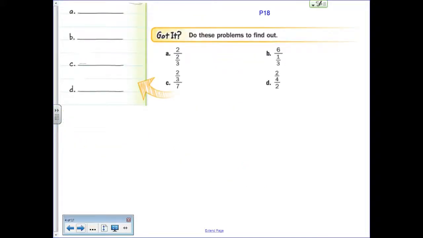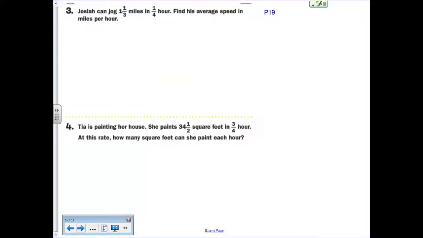So, do the problems at the bottom of page 18, letters A, B, C, and D. Let's take a look at example 3. Now we're going to look at this complex fraction idea as forming a unit rate. It says Josiah can jog 1 1/3 miles in 1/4 hours.